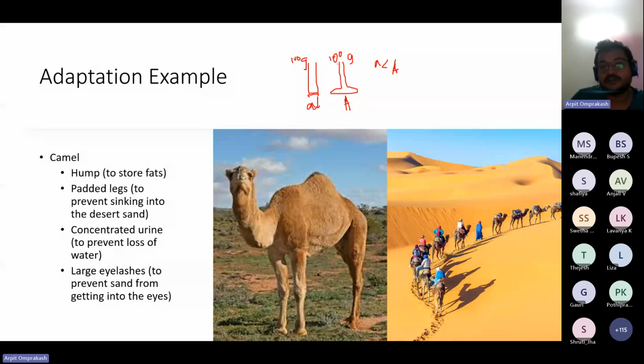Whereas if you have a padded foot, your force is evenly spread out across a larger area, and thus you don't tend to sink into the desert. So that's why camels have padded feet.